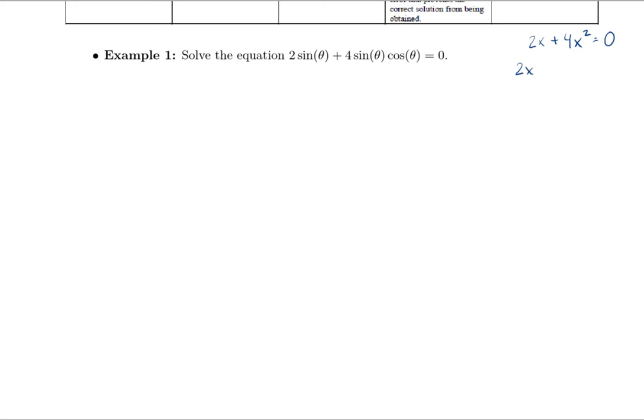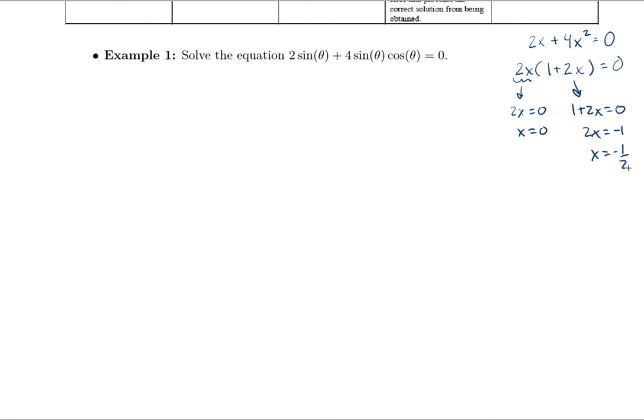So, I might pull 2x out, which would leave me with this. And then anytime you have that situation where you have something times something equals 0, then you can set the individual factors equal to 0. So, I might try to do that. So x equals 0. And here, I'd also get x equals -1/2.